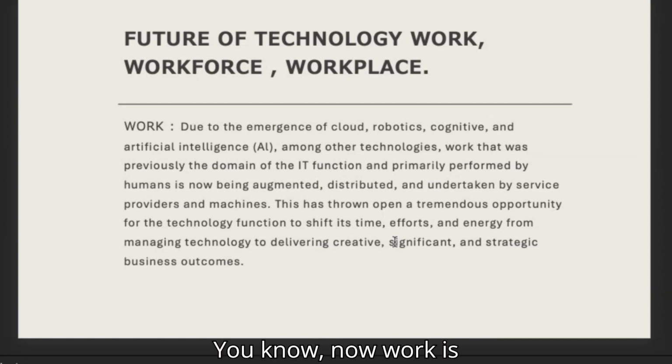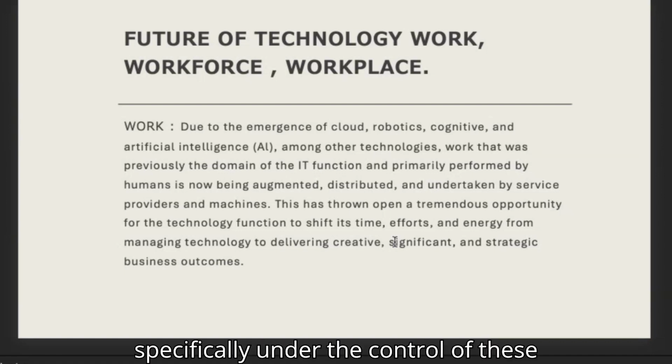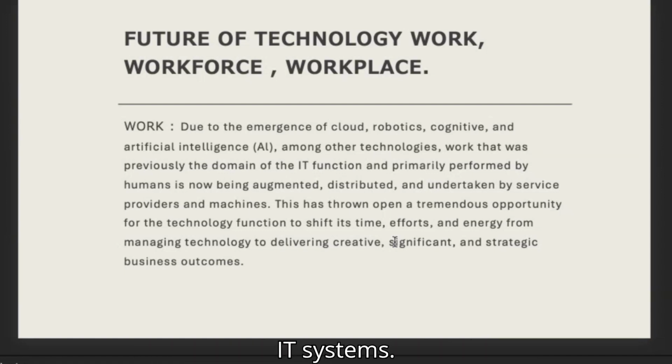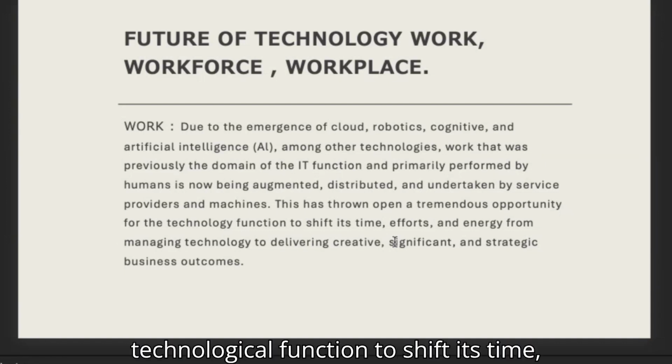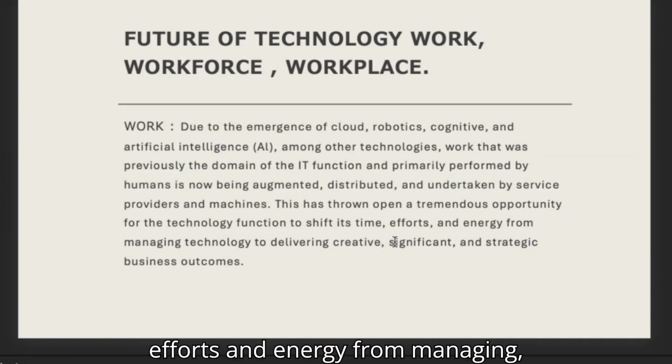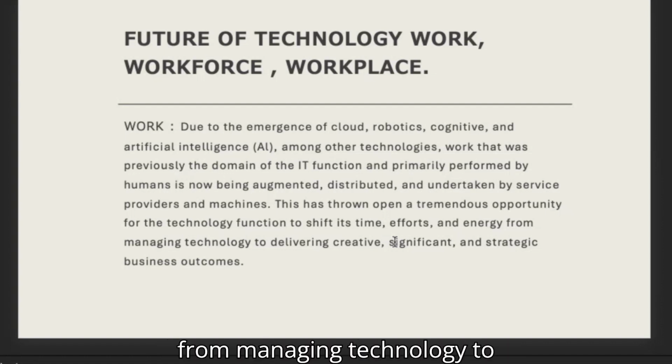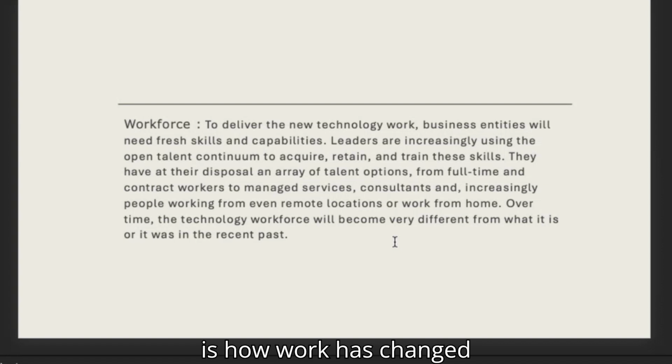Now work is specifically under the control of these IT systems. So this opens up a tremendous opportunity for the technology function to shift its time, efforts, and energy from managing technology to delivering creative, significant, and strategic business outcomes. This is how work has changed.